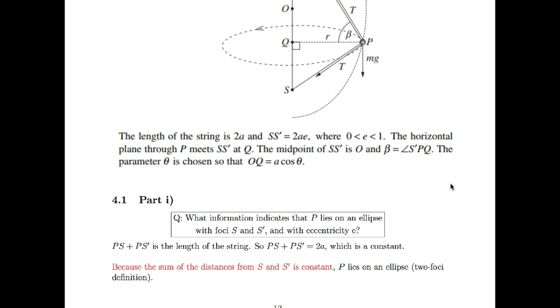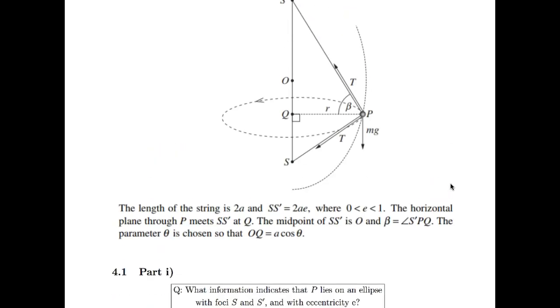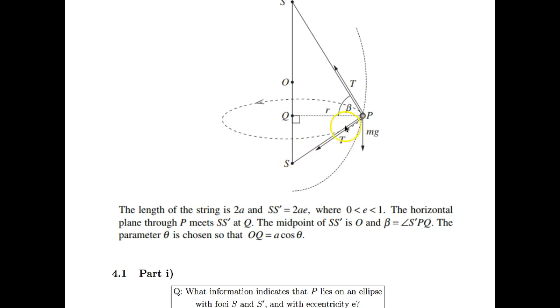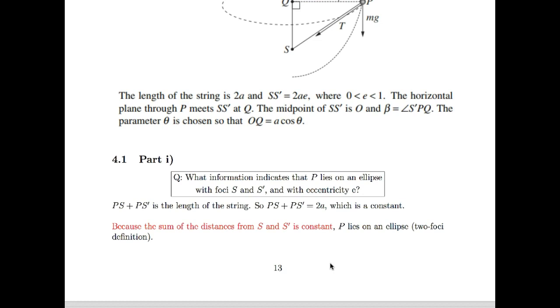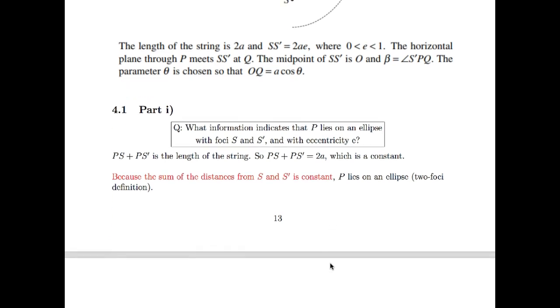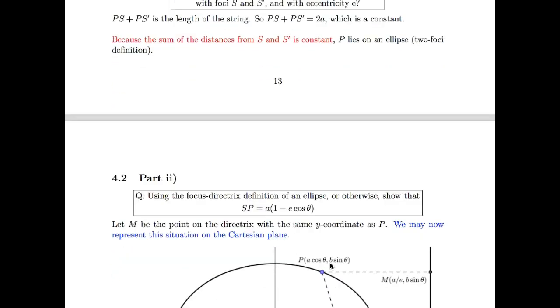As it so happens, how this works is just the fact that we know the length of the string, which is this, is going to be 2a. So really all we're saying is that PS plus PS dash is 2a, and hopefully you recognize that this is the 2 foci definition of the ellipse, which is also in my notes, and pretty much that is all they wanted you to say for that 1 mark. You would think that is harder, but it actually is not.